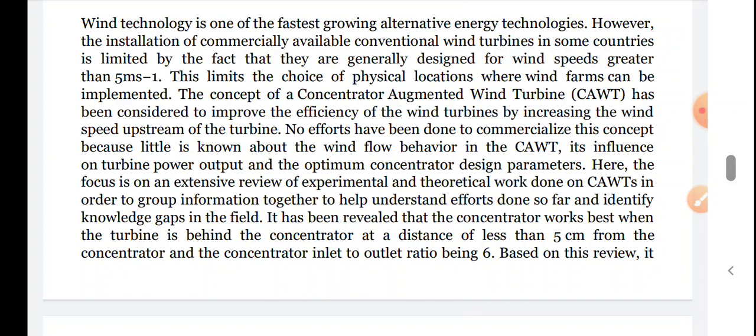It has been seen that the concentrator works best when the turbine is just behind the concentrator at a distance of less than 5 centimeter from the concentrator, and also when the concentrator inlet to outlet ratio is 6. So these kinds of studies have been done.